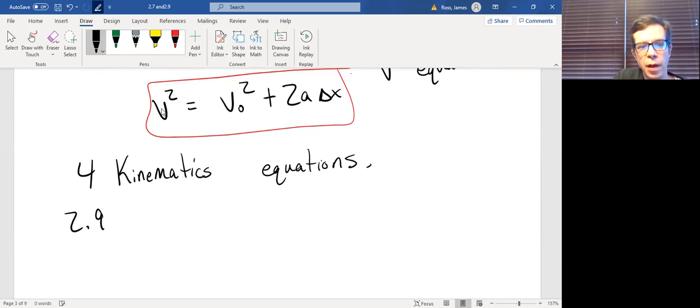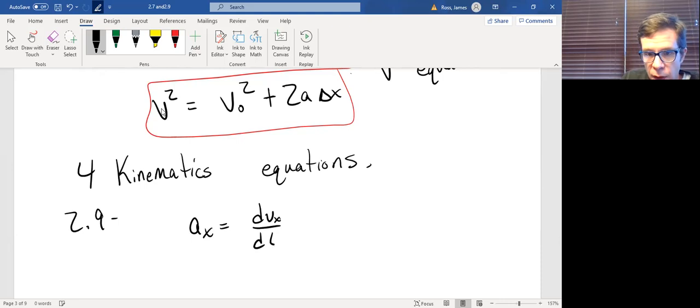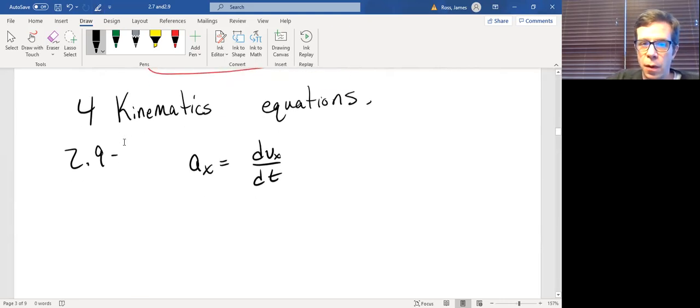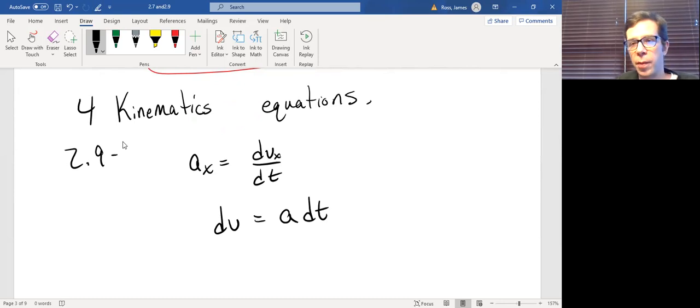So section 2.9 has you derive these from calculus. So we can say that a_x is dv_x dt. And then we can look at the definite integral associated with both sides here. So we can take dv equal to a dt, and I'm going to just drop the x because we're talking about one dimension here.